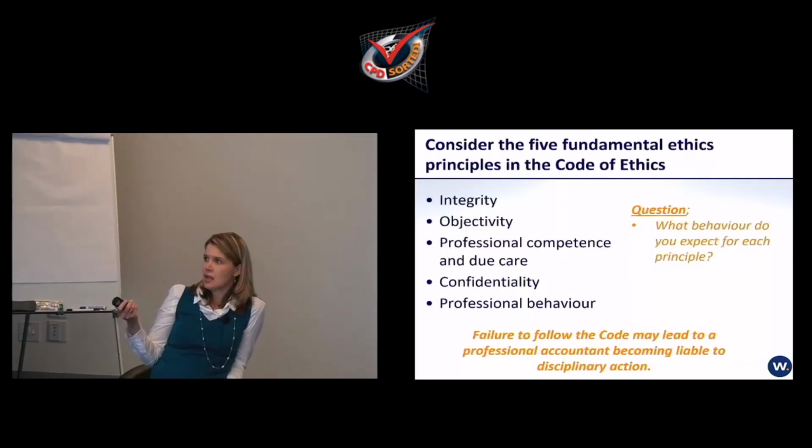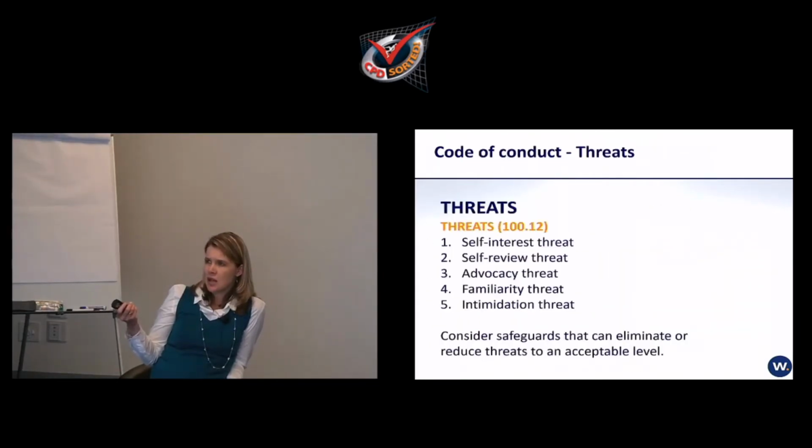Okay, so the safeguards against this are: for self-interest threats, independence declarations. Self-review threat, thank you, is ensuring that your work is reviewed by an external party, exactly, so you can't review the work that you've prepared.